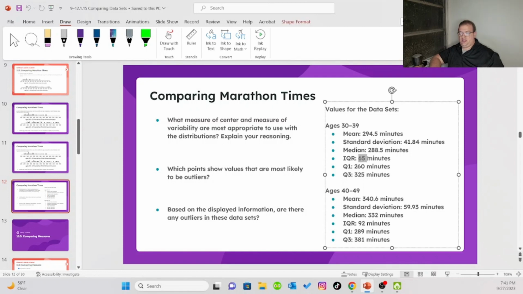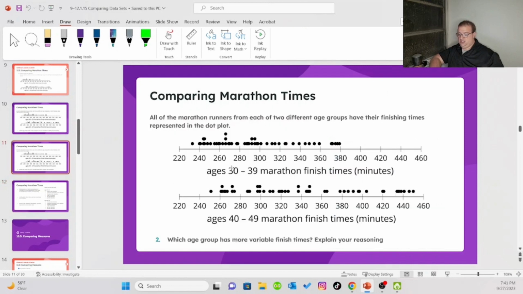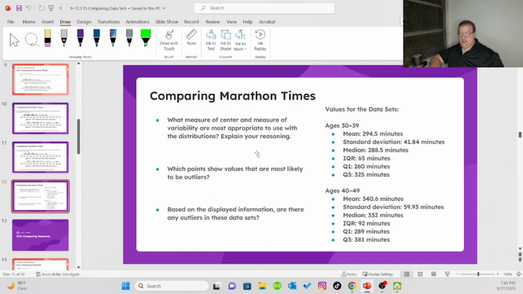So this age group has an IQR of 65. 1.5 times that is right around 100. So anything below 160 and above 425 would be outliers. So if I look, I don't have anything down below 160.